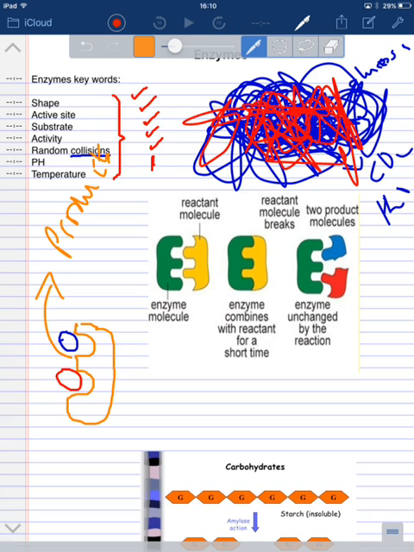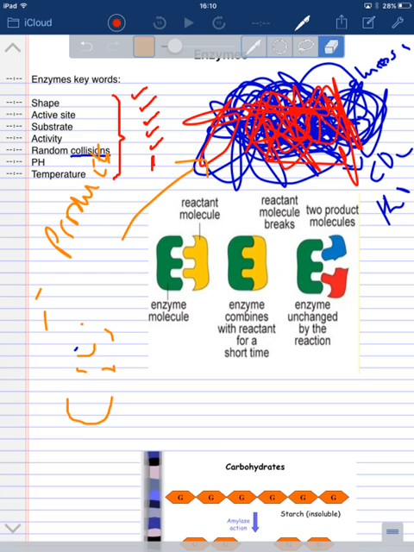What the enzyme has done is it has increased the chance of that reaction happening, so it's speeded it up. Without the enzyme, it would have just required these random collisions, but it makes it less random by allowing the molecules that need to react to come together.